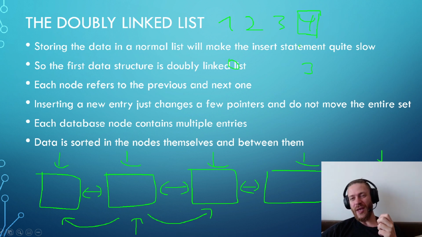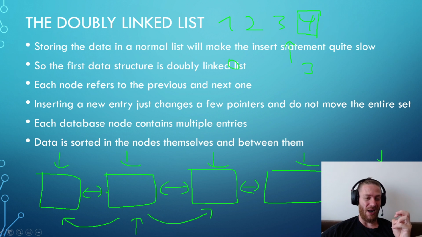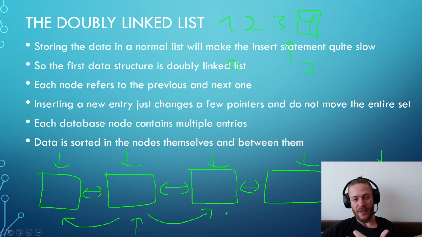So moving elements in a normal sorted list requires you to move a lot of data because you need to reindex everything. And if we change that structure to a linked list where each node only knows the previous one and the next one, and it doesn't know what order it has, what index it has, it's very easy to insert a new node.